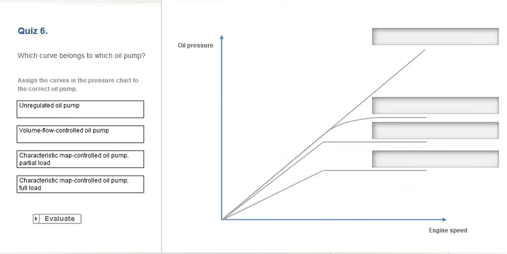Here is the diagram that shows the oil pressure characteristic as a function of the engine speed for different oil pumps. Assign the designations of the oil pumps on the left-hand side to the corresponding characteristic curves.